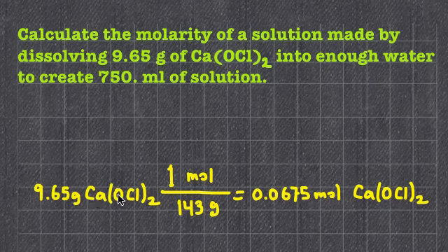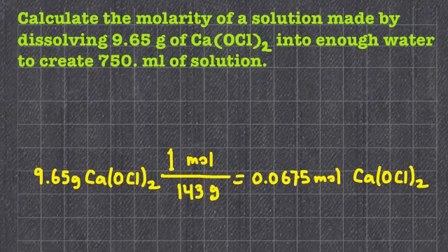There's two of these hypochlorites, and 35.45, 35.45. That all adds up to 143 grams per mole. I put the grams of the molar mass in the bottom, 1 mole in the top, so that the grams of salt cancel the grams in the molar mass. And 9.65 divided by 143 equals the number of moles, as this gram cancels that gram of that salt.